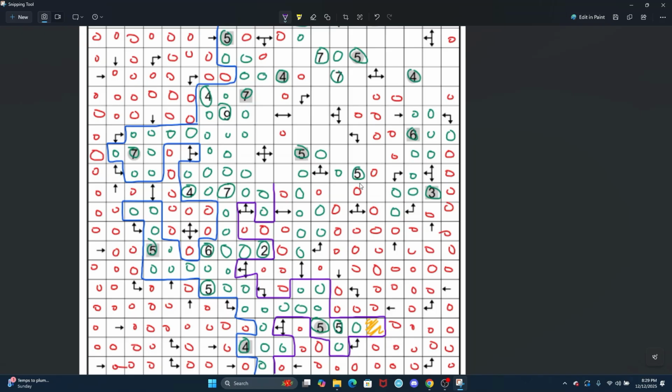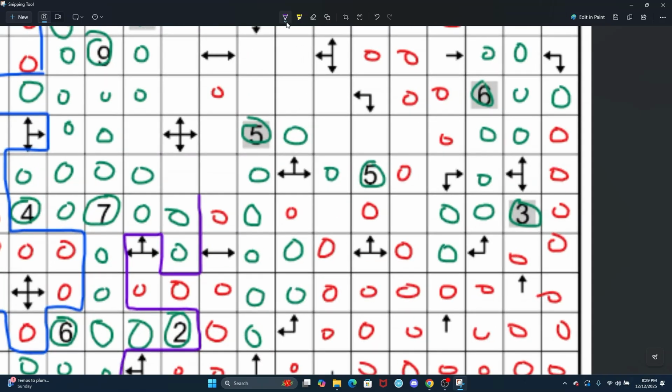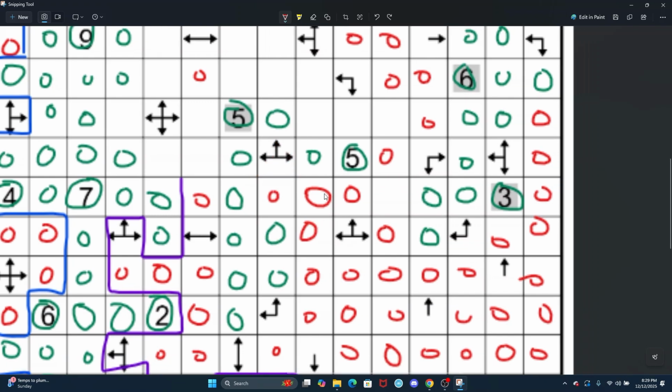Okay, so I guess then we can see that this tile has to be red, right? Otherwise, this would be green and this would be a hole, which can happen. So this is red.